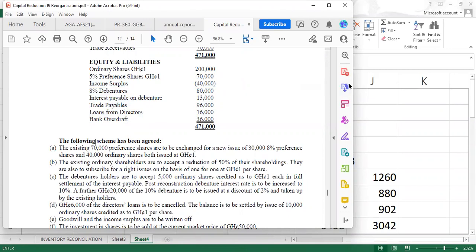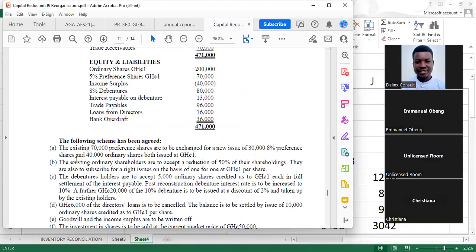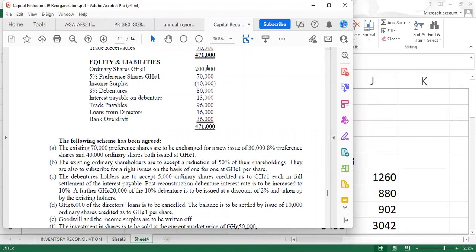Okay. All right. Let's come to the existing ordinary shares, which are to accept a reduction of 50% of their shareholding. So what will happen? What is the total value for the ordinary shares? 200,000.